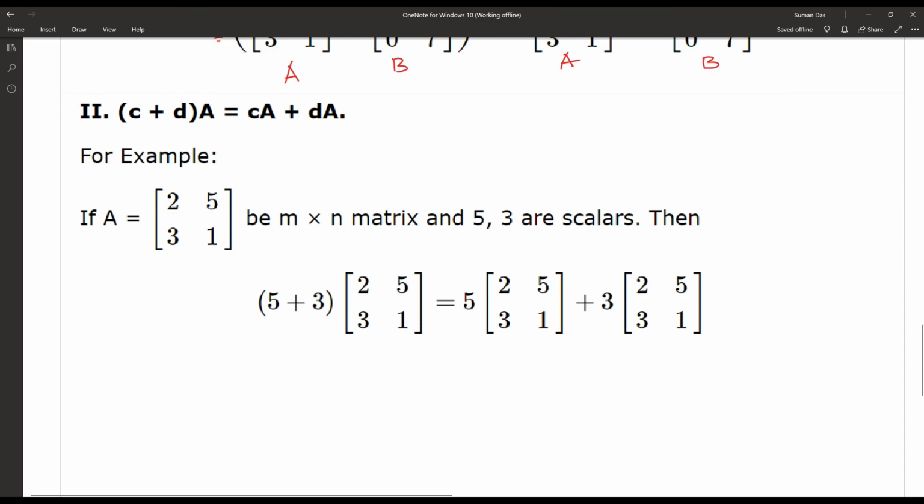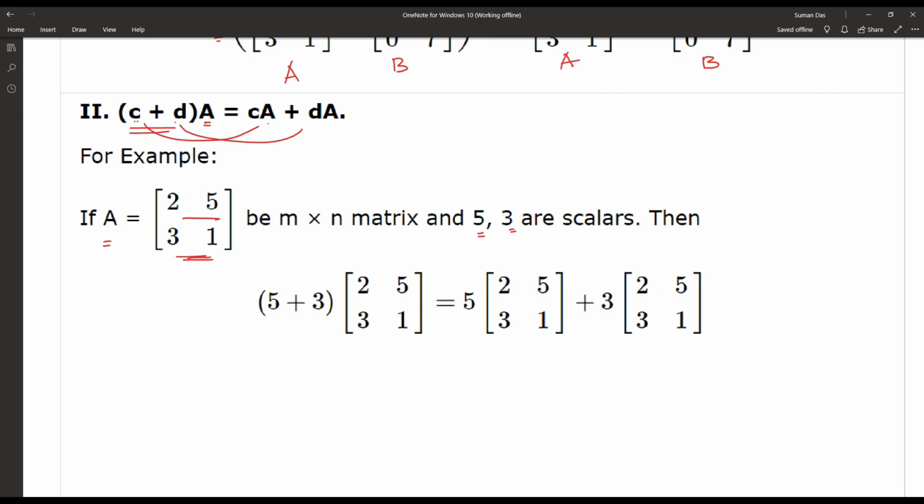Next, at first we are doing the addition of the scalars, then only one matrix is multiplied. That means (C plus D) into A. Now we can distribute it like that, C into A plus D into A. Here suppose A is the matrix 2 5 3 1, and 5 and 3 are the scalars.